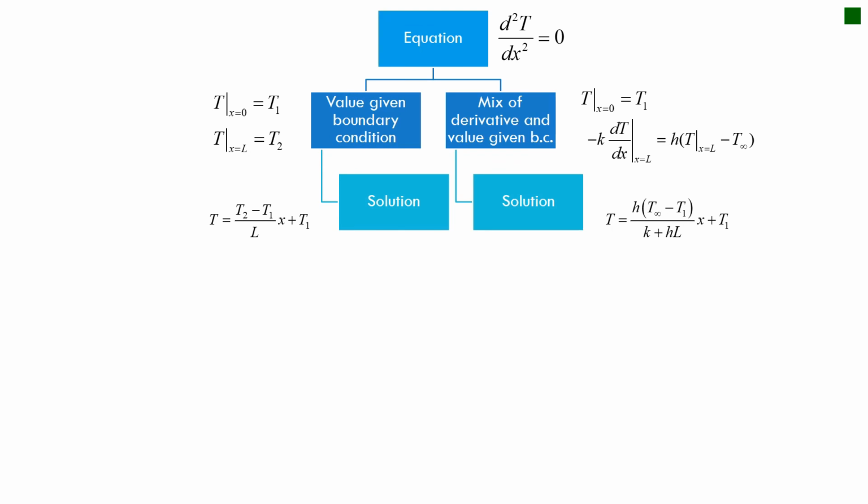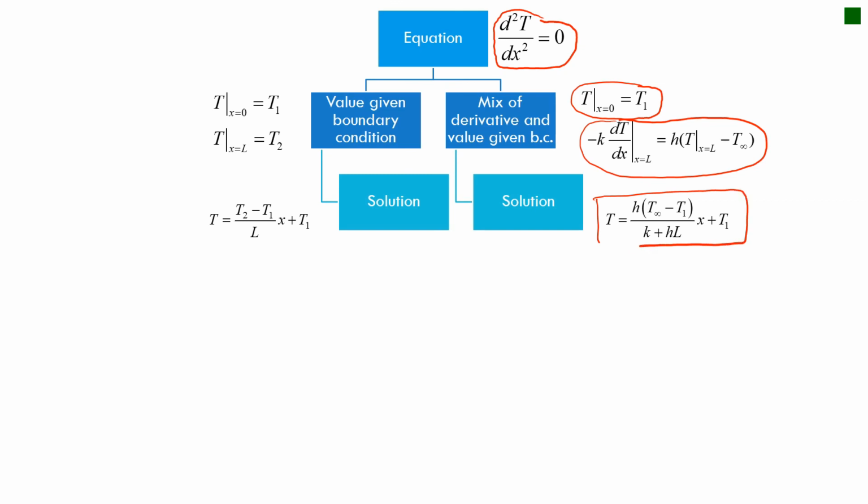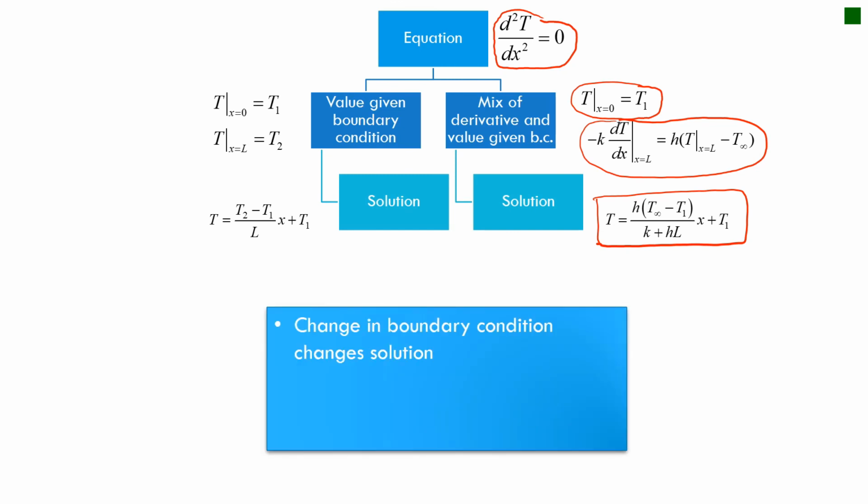To summarize, we want to recall what we just did. We solved this equation for one boundary condition like this on one end and the other boundary condition of this kind at the other end, and then the solution was given by this. There are two things we should remember in particular. One is obviously that a change in boundary condition changes the solution.